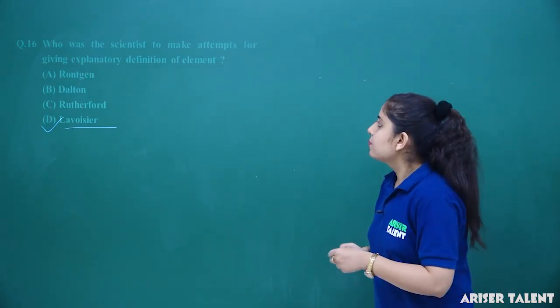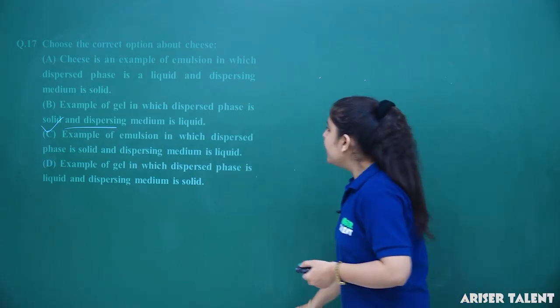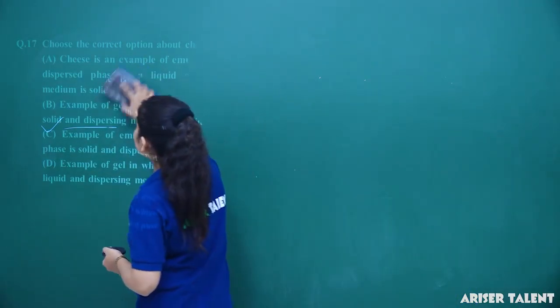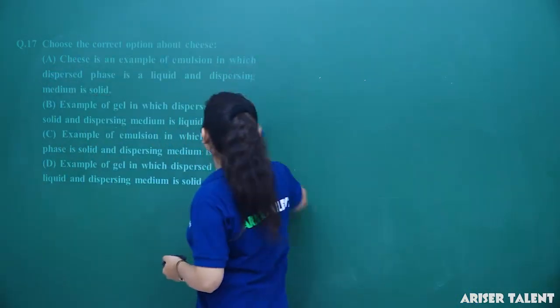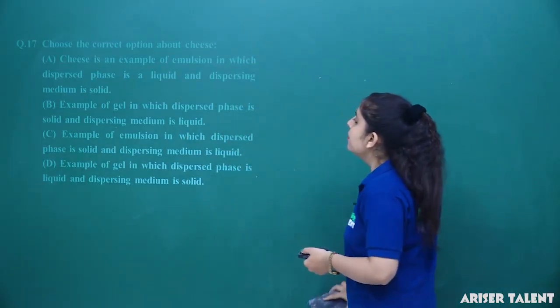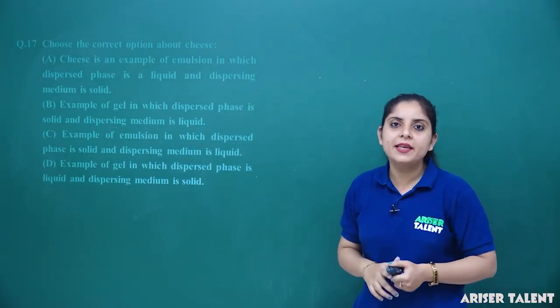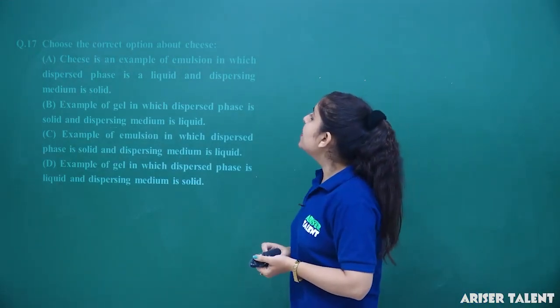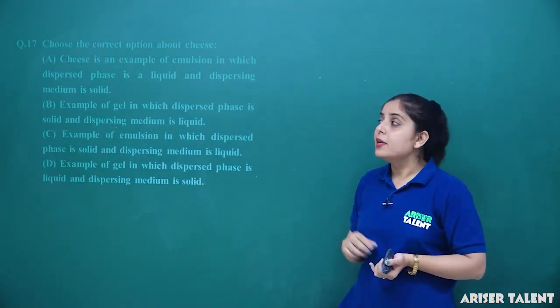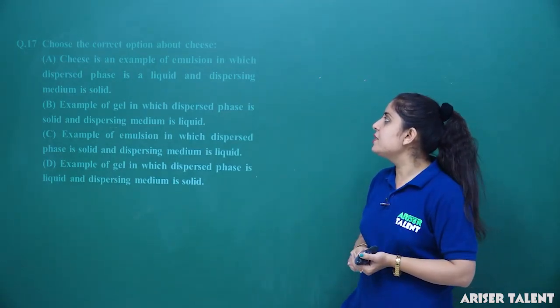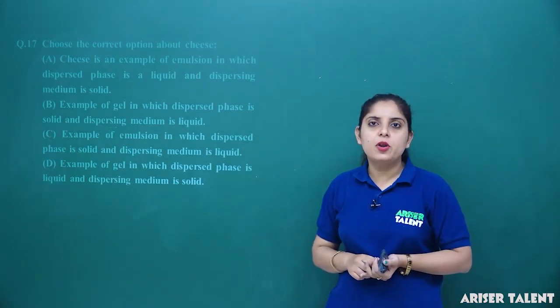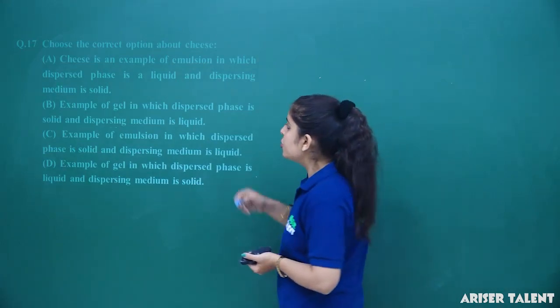Question number 17. Choose the correct option about cheese. Now you are provided with a lot of explanations or statements, so you have to read the statements very carefully one by one. Cheese is an example of emulsion in which dispersed phase is liquid and dispersion medium is solid. So cheese is not an emulsion.